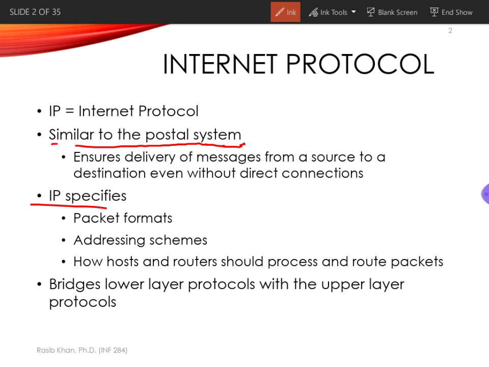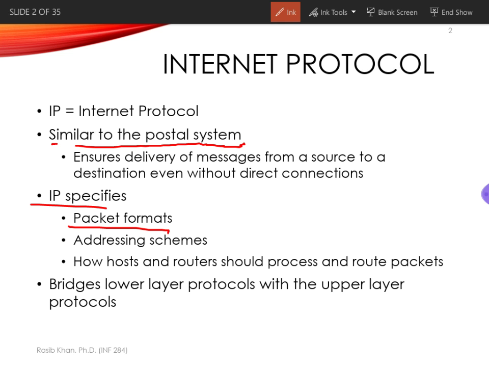So IP specifies certain packet formats. There are multiple different kinds of packets which are supported by IP, and the formal specification of IP defines the exact format of these packets.